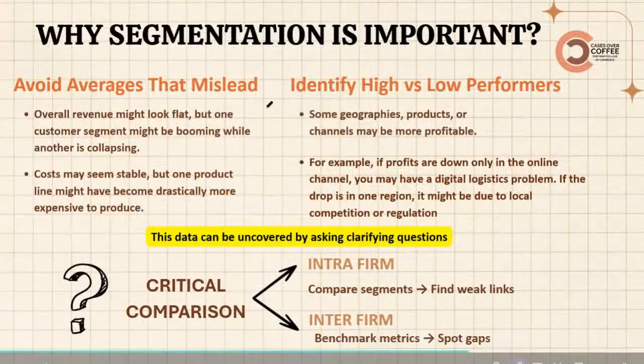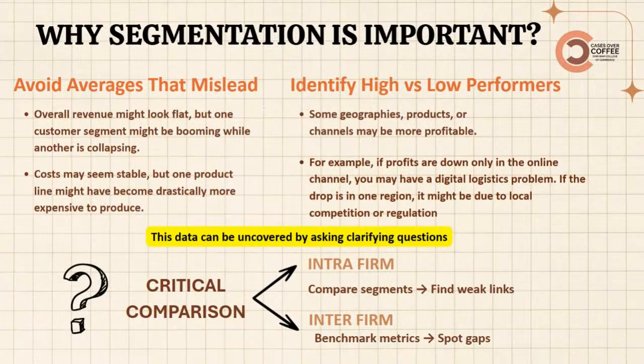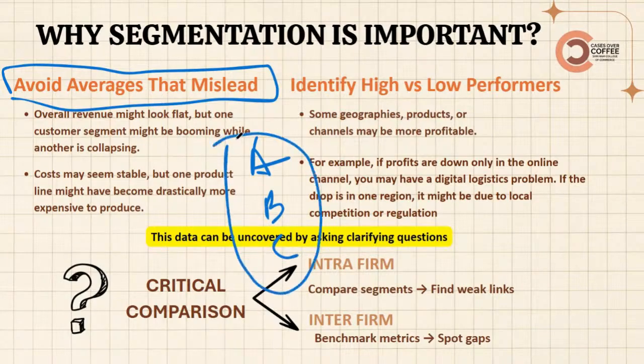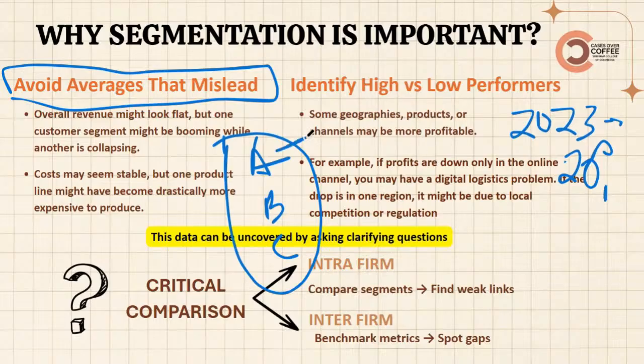Moving ahead with segmentation: why segmentation is important and why we should avoid averages, because they may mislead. I can explain this with an example. Let's say we are working on a profitability case, and the company operates in A geography, B geography, and C geography. In 2023, the company sold 20,000 units of a specific product across ABC geography.